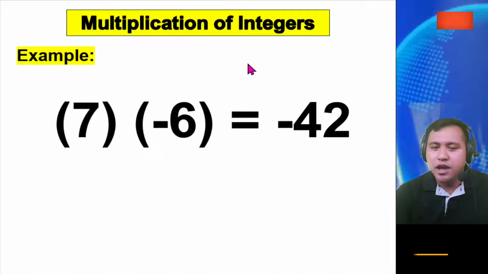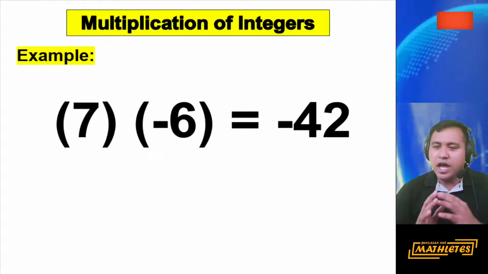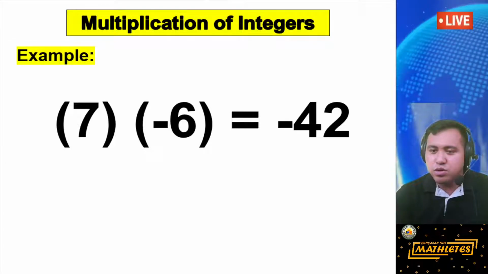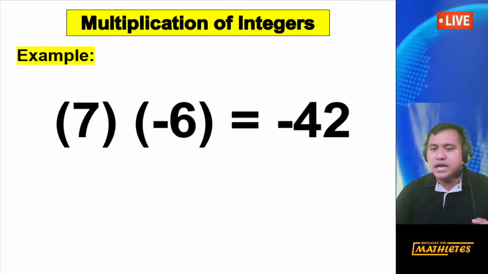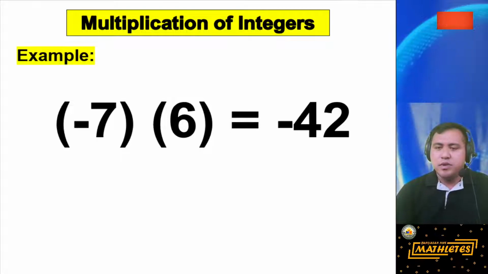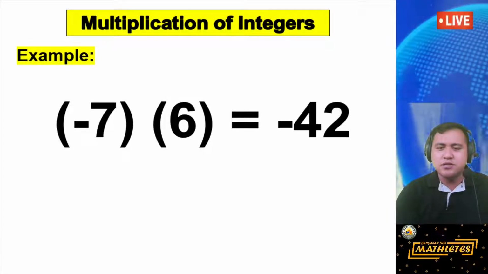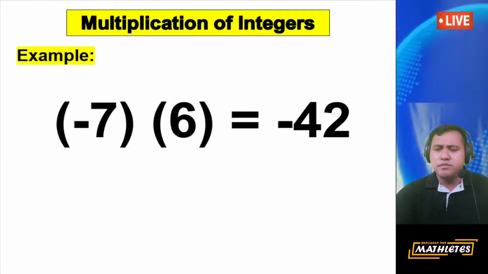Karon, ang usa positive, ang usa negative, tan-awa. 7 times negative 6, 42 gihapon, pero negative 42. Okay? Negative 42. We have 7 times negative 6 equals negative 42. Pabaliktad ni, negative 7 ang usa, ang 6 na ang positive, negative 7 times positive 6, negative 42 gihapon.